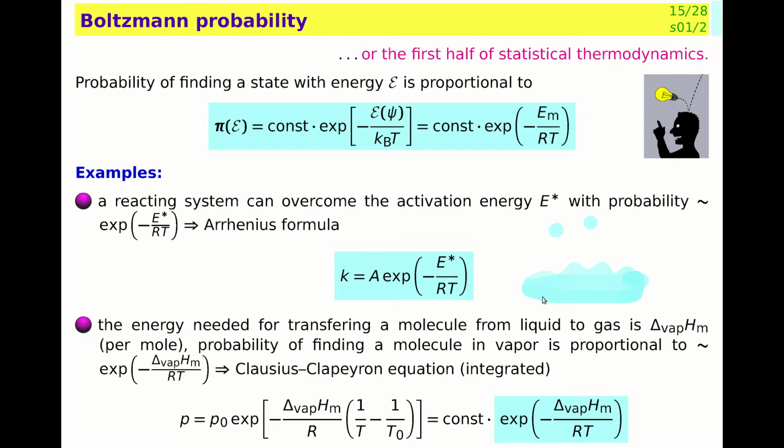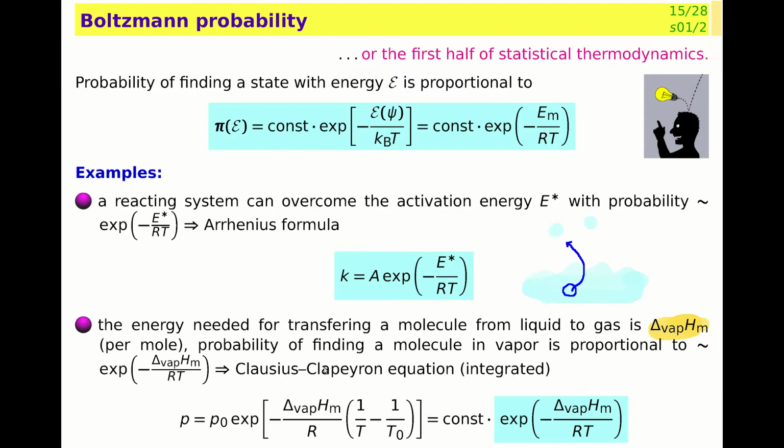So we have liquid, we have molecules in the liquid, and we need certain energy to remove a molecule from the liquid and put it into the gas phase. So this energy can be expressed in different ways, but let us say that it's given mostly by the vaporization enthalpy. It might be the internal energy, but usually it's pretty similar.